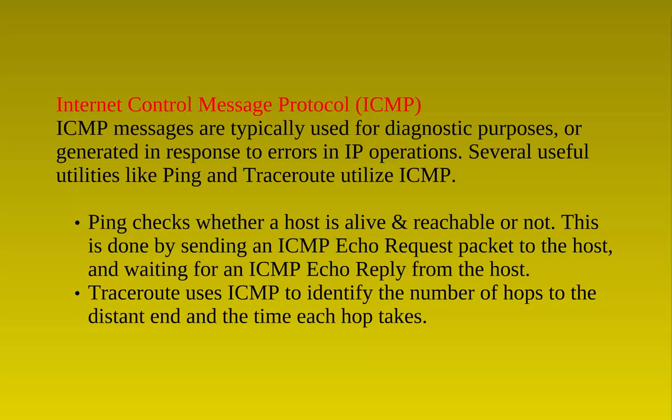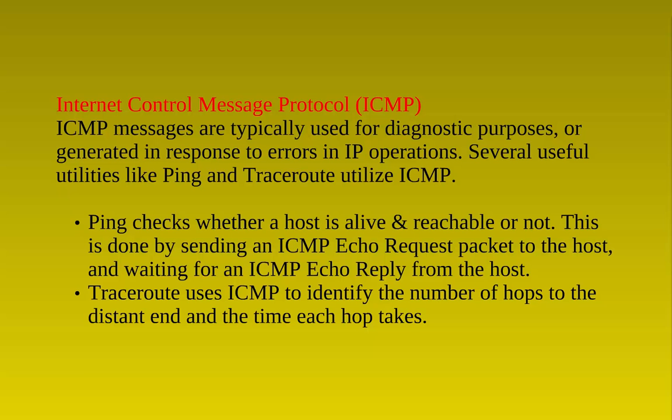There's another protocol called ICMP. ICMP is typically used for diagnostic purposes, or as a kind of error messaging system within TCP/IP. But we utilize two particularly useful utilities that use ICMP. One of those is ping. Ping checks whether there is an actual host alive and whether it's reachable out there on the internet.